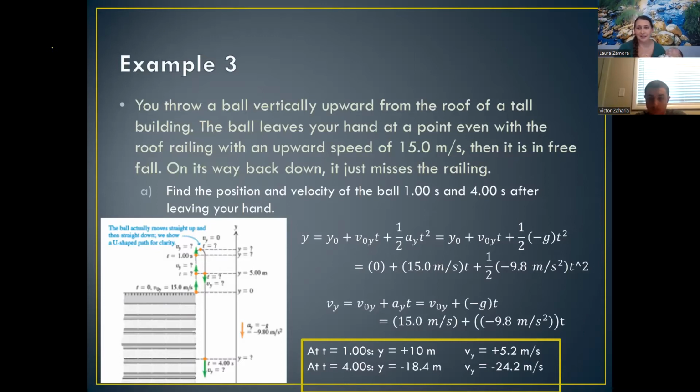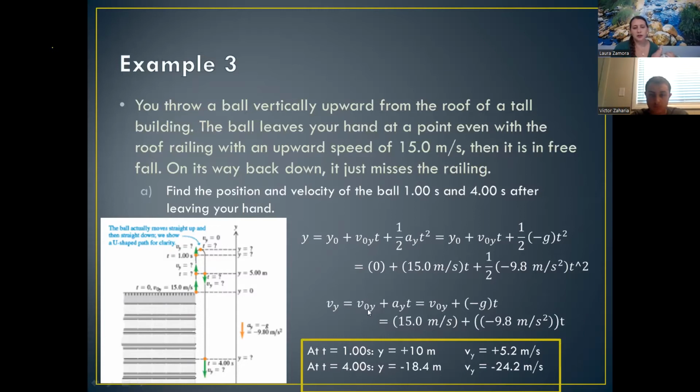Yes. Okay, go ahead. I'm looking at velocity in the vertical direction, and it says plus 5.2. How do I find that? So I used this equation right here to find our velocity.